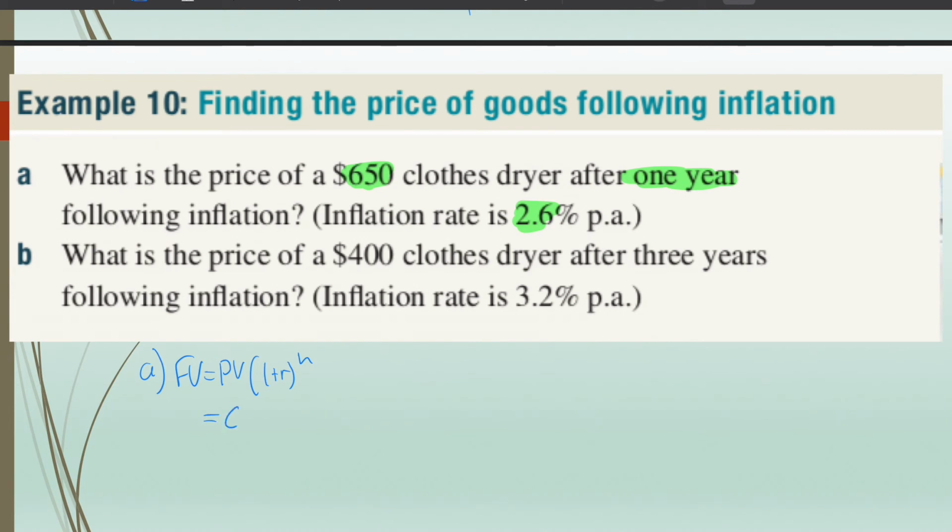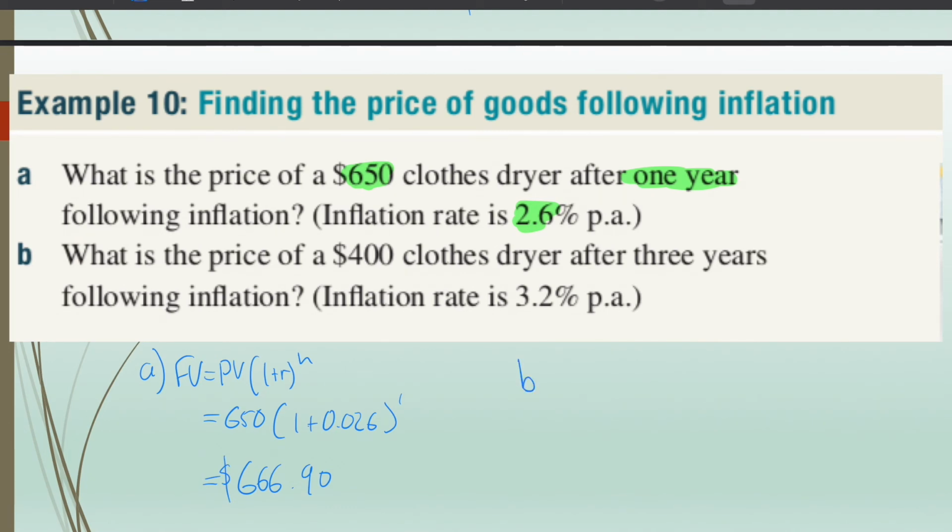We've got $650. We've got a rate of 2.6%, and it's going to be 1 year in this first one. So in the first one, after 1 year, the dryer is worth, if we put that into our calculator, $666.90.